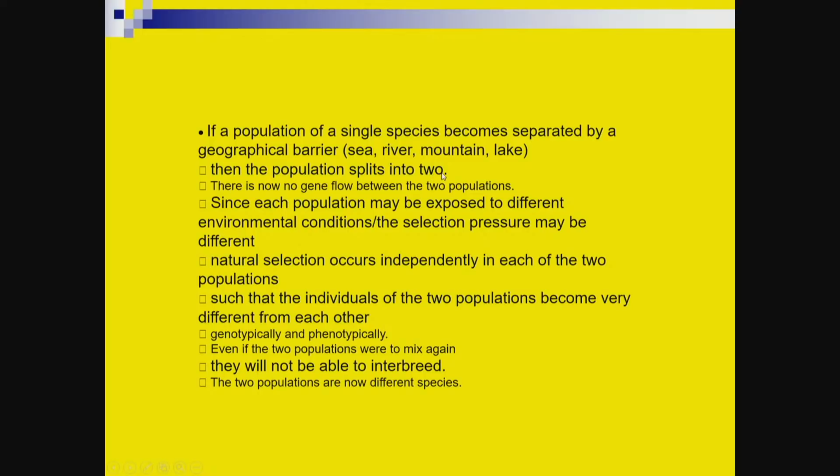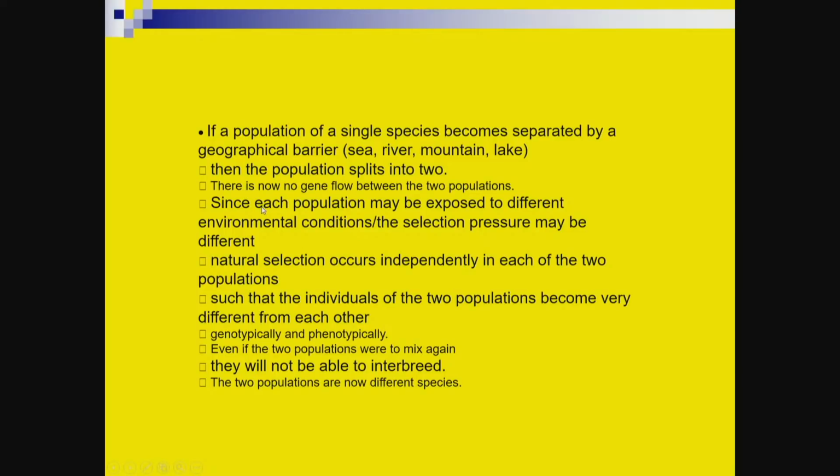It's not necessarily 2; it can be 2 or 3 or 4, so the learner must look at the diagram and identify in how many ways the population splits. After it splits, there is no gene flow between the populations, and the sequence must be like this.